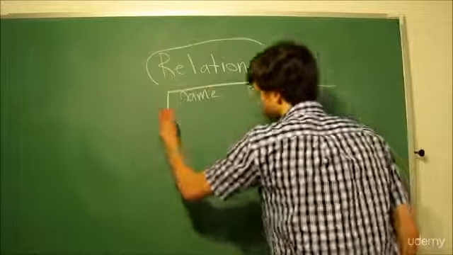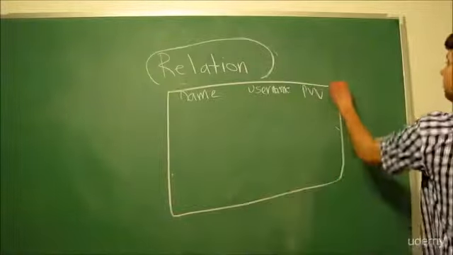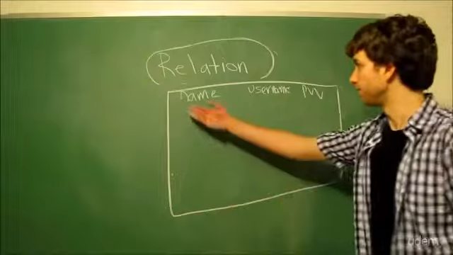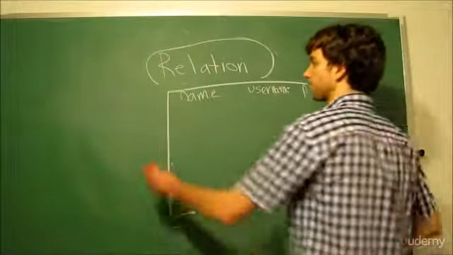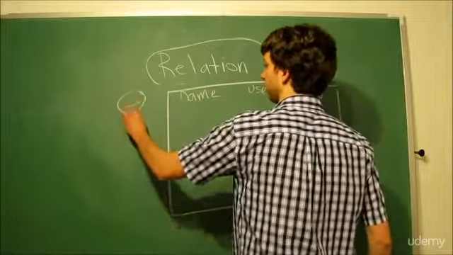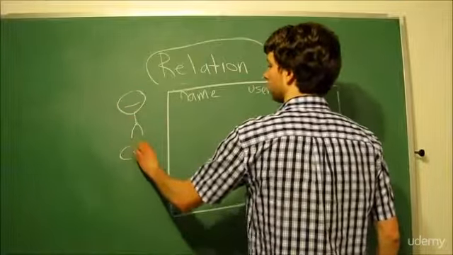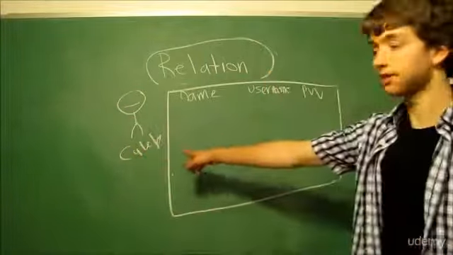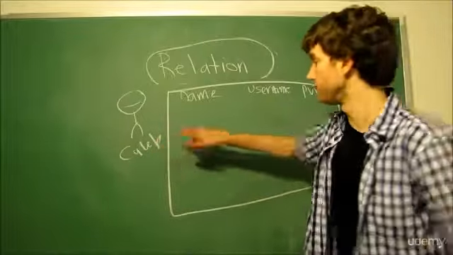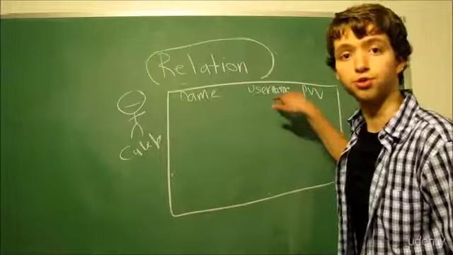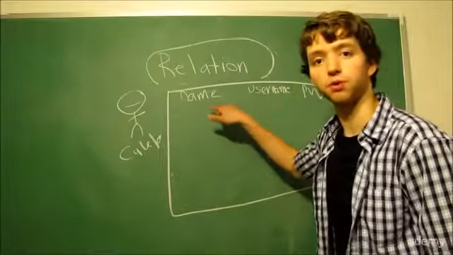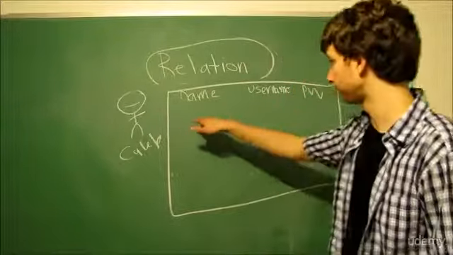We store this in a table. All right, so these are the things we need to connect with this person over here, which we named Caleb. And I accidentally erased him, whatever. We'll just leave it at that. So that's Caleb, and we want to store this information in this table, which is a graphical way to illustrate how we're storing data in a database.